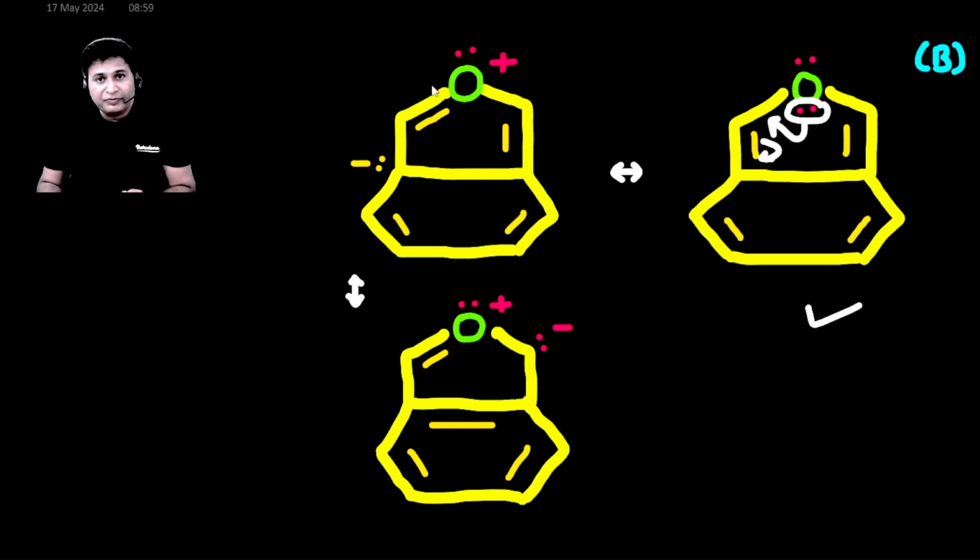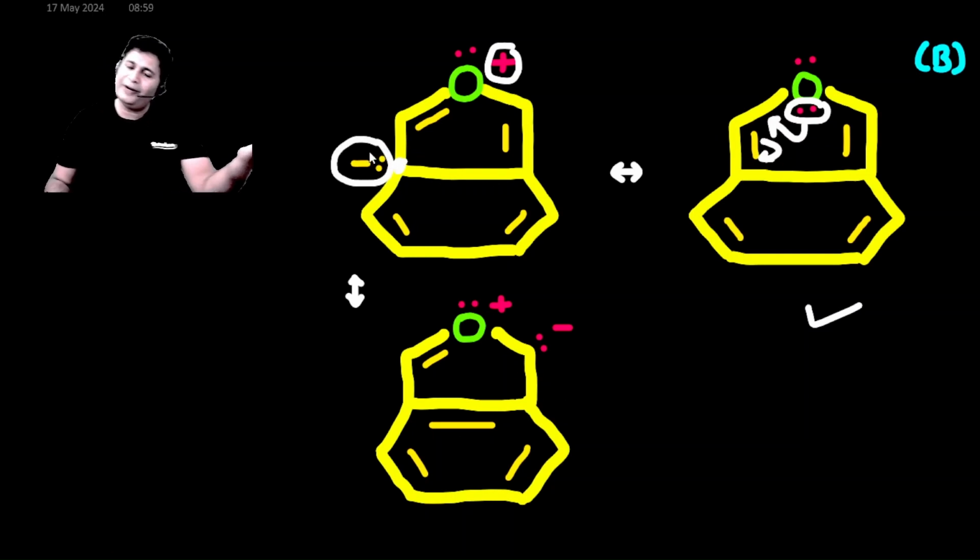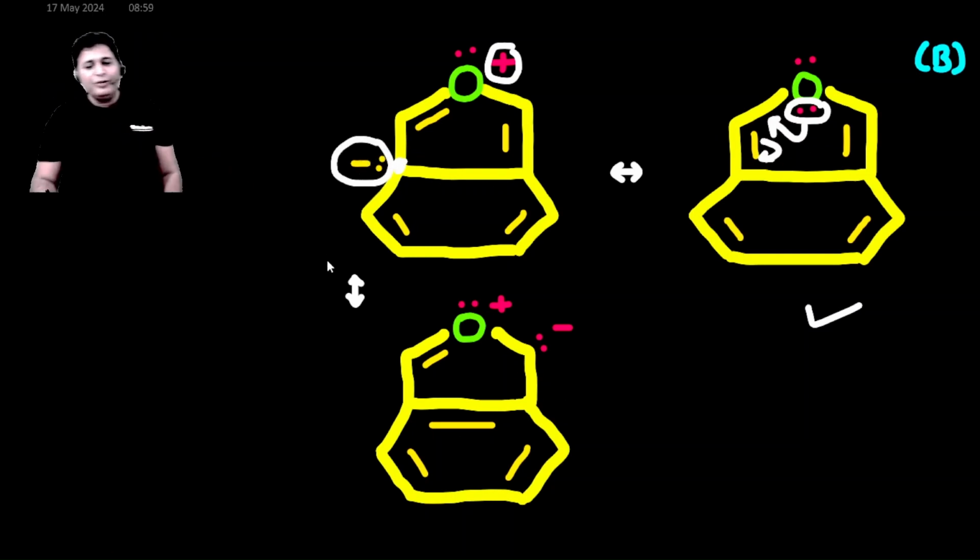As the lone pair shifted away from the oxygen, a plus charge came, a pi bond got formed from the lone pair, and the pi bond which shifted onto this carbon is now a negative charge with a lone pair. After you have done this, you observe one very important thing, that this negative charge can still be in conjugation with this pi bond.